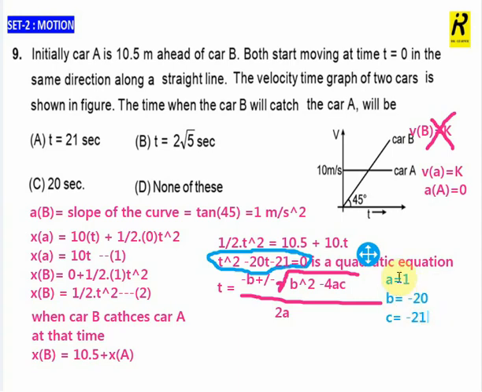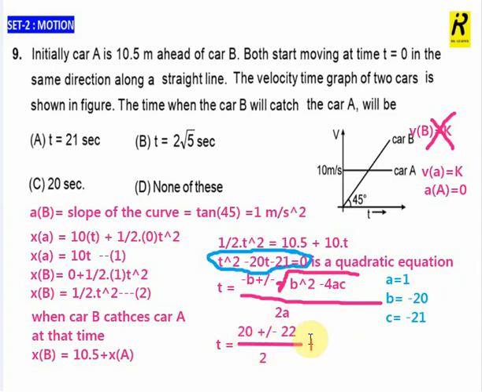So just making the proper substitution of these things in the solution equation, we will get t is equal to, so what I got is 20 plus or minus 22 divided by 2. So this is the thing what I got.